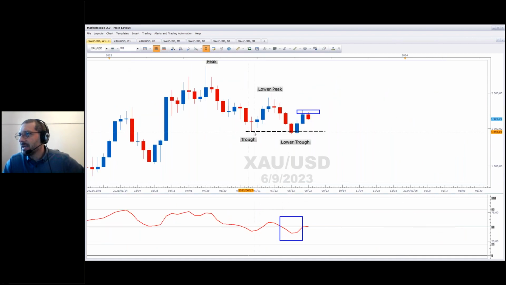What I think is happening here is there is some support that gold is using as a platform. But if you just take a look at the last 3 candles, so let's start off 3 weeks ago, a nice long blue candle. Last week, a nice long blue candle. So for those 2 weeks, the bulls are in control.